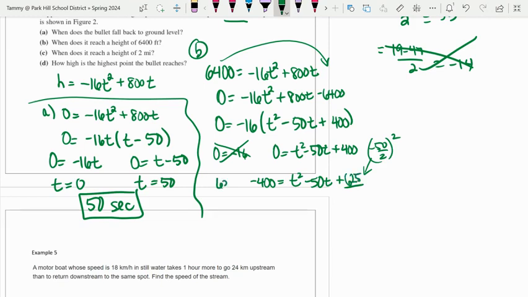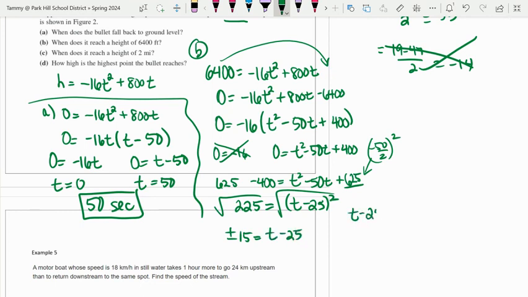Add 625 over here. So 625 minus 400 is 225 equals, this is now t minus 25 squared. Square root of both sides. Square root of 225 is 15. So plus or minus 15 equals t minus 25.